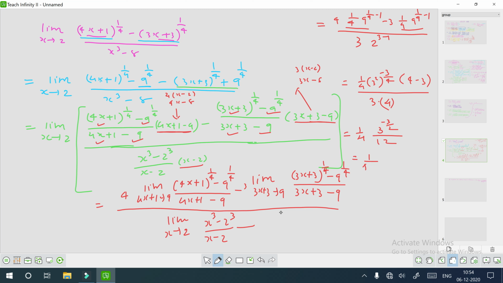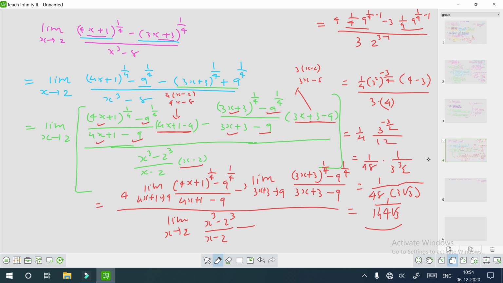So 1 by 48, 3 raised to 3 by 2. 1 by 48 into 3 root 3. 8 threes are 24, 2 carry, 4 threes are 12 plus 2, 14 root 3, 1 upon 144 root 3. This is the answer. Clear?